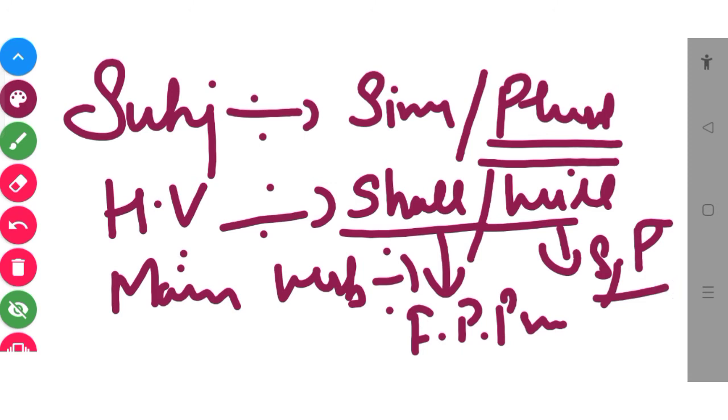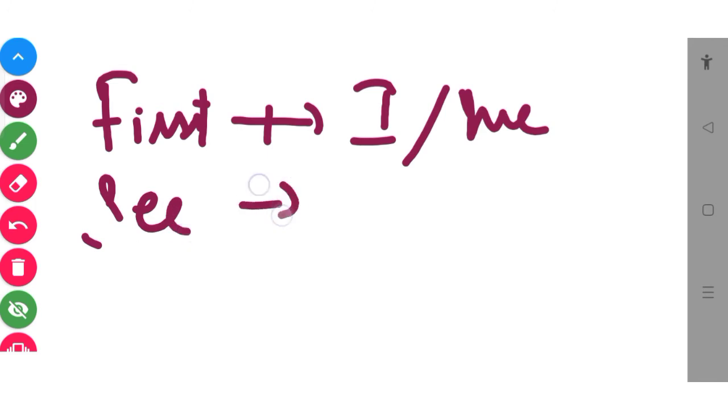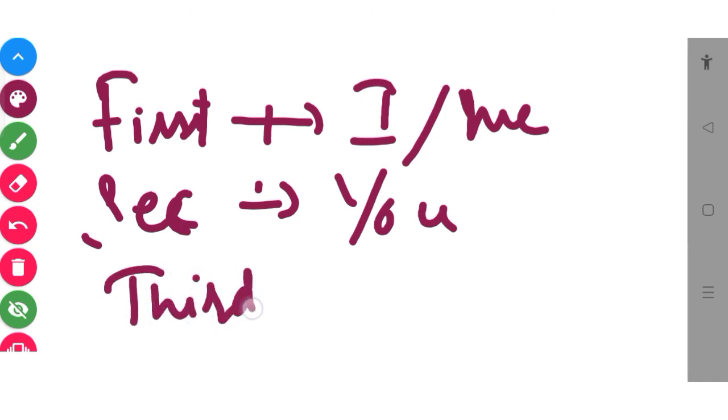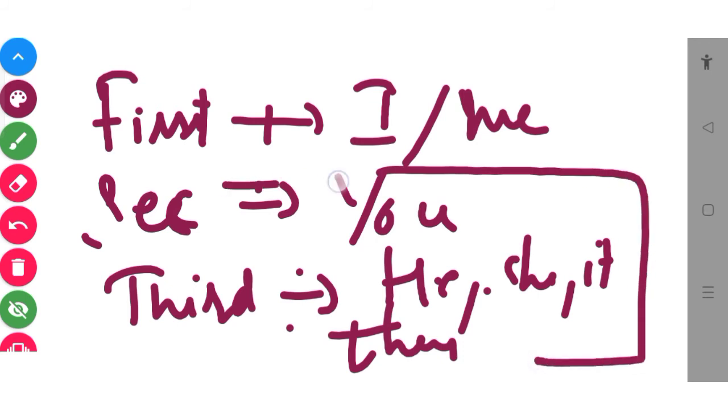You should know what is first person, second person and third person. First would be the speaker, like I and we. Second person would be you only, and third person is whom we talk about, like he, she, it or they. If such pronouns are there, then will is used.